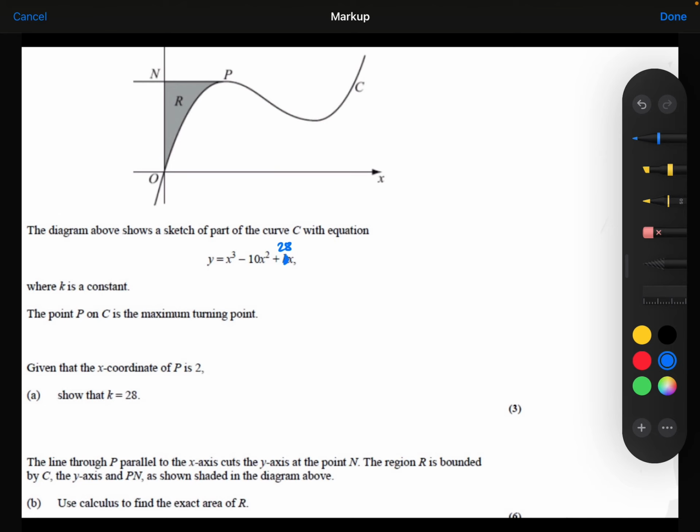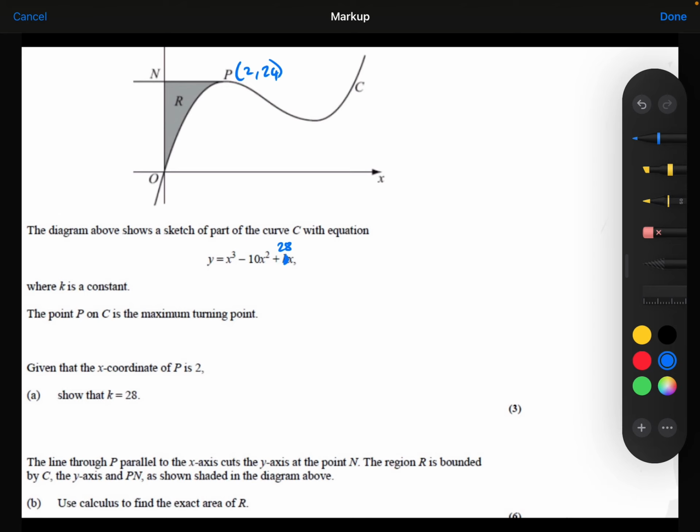Well, point P, we know that's got x-coordinate 2, and we can work out its y-coordinate, because if I substitute 2 into my function here, so 2 cubed minus 10 times 2 squared plus 28 times 2, I find that the y-coordinate is 24.